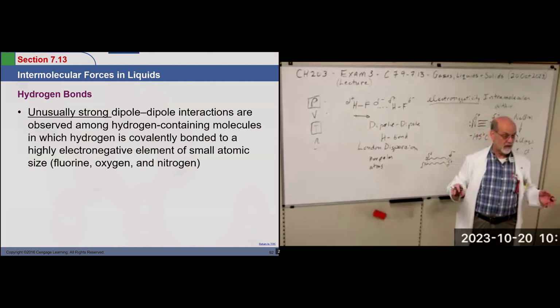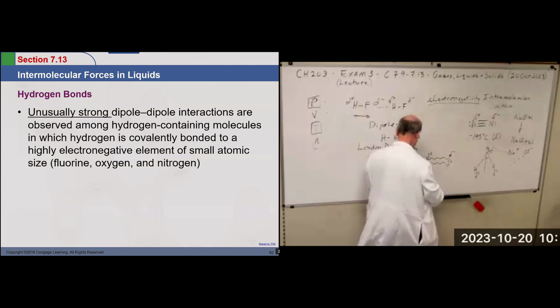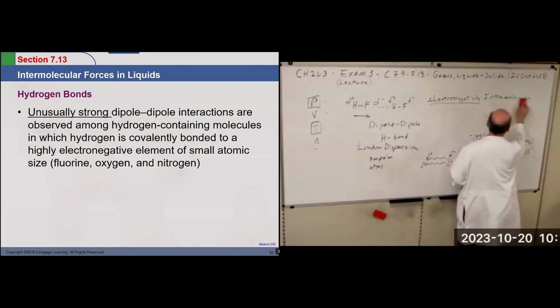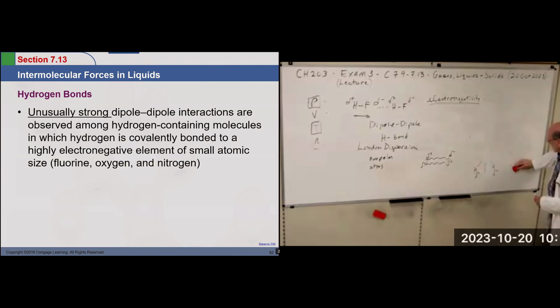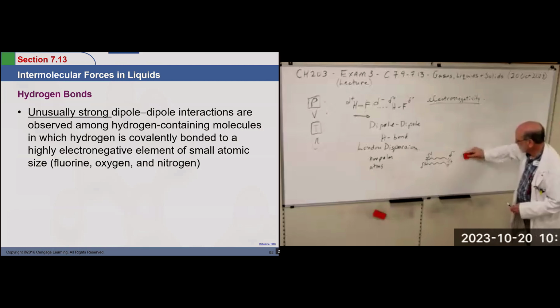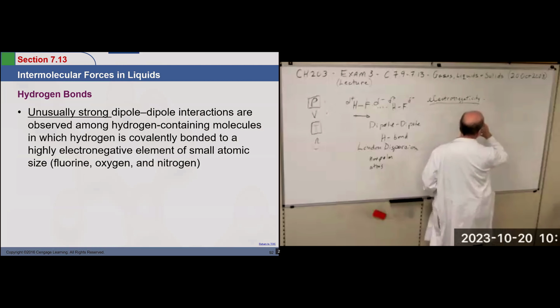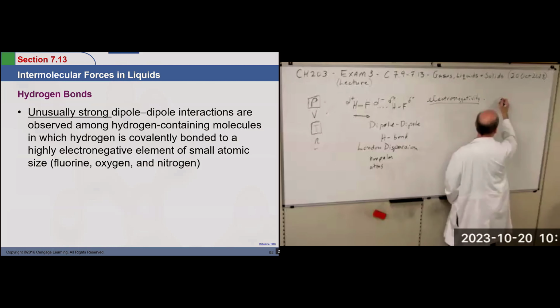You can have bigger molecules. Suppose we have this molecular formula, C2H6O.